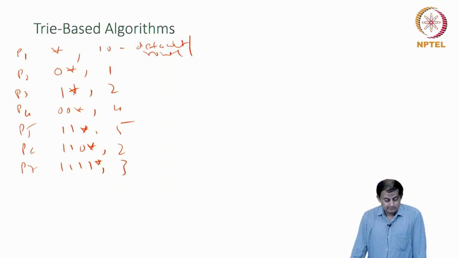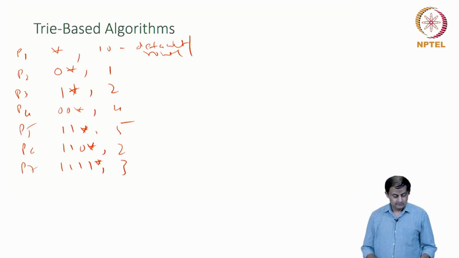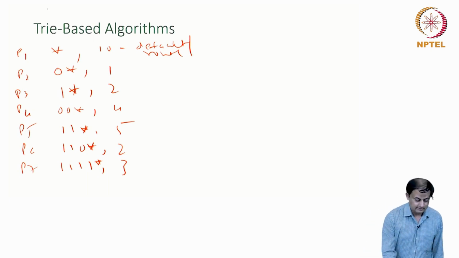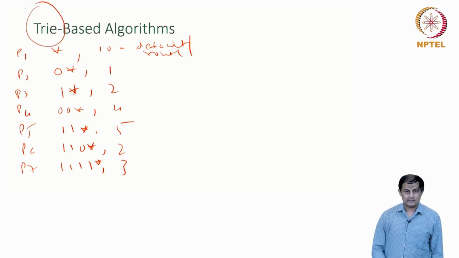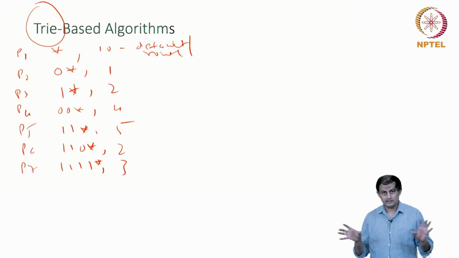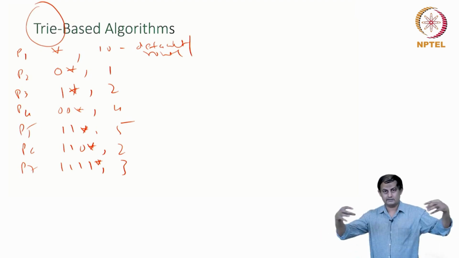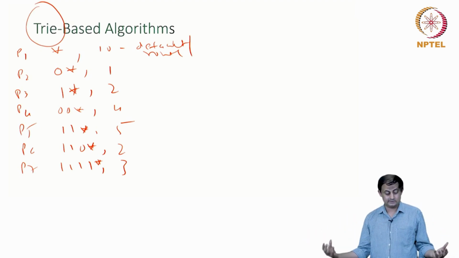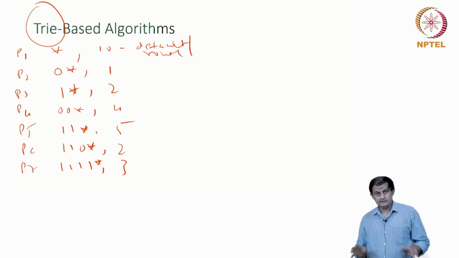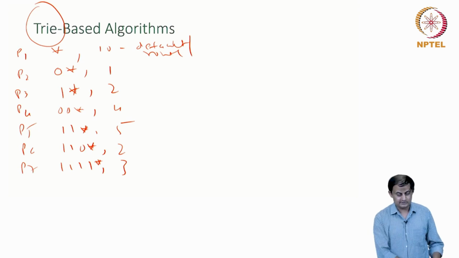One of the simplest algorithms that you can think of here is a tree-based structure. A generic name is a trie. A trie is an n-way tree, where a node can have n different children. You can construct a trie incrementally for these prefixes.